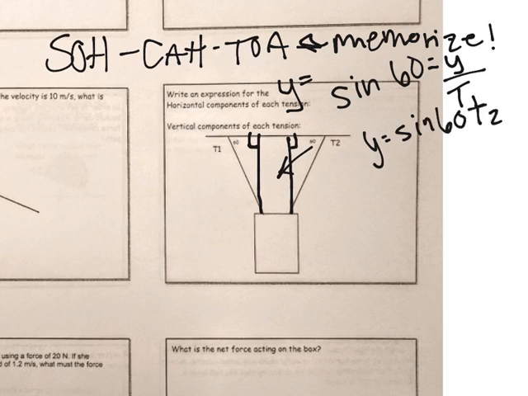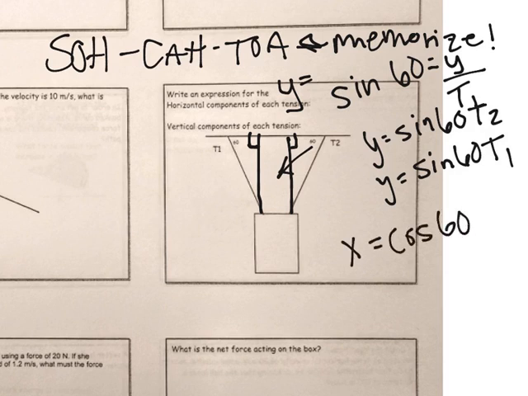And since t1 is the same kind of triangle, it'd also be y is equal to sine 60 t1. X is just the opposite with cosine, so it'd be cosine 60 t1. Let's do y2, y1, x1, x2. I know I did them out of order, but I'm trying to do as many as possible, so I have to go as quick as possible without sacrificing too much.